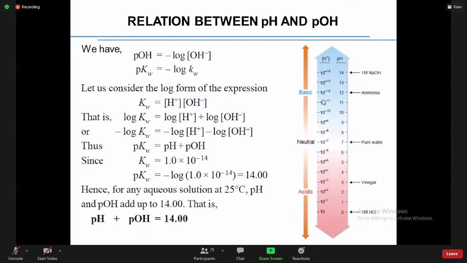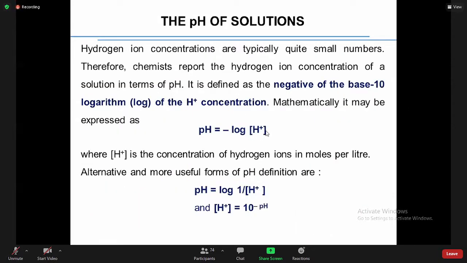How about pOH? Can you tell? Negative logarithm of the molar concentration of hydroxide ion. Okay. And what is the significance of pOH?